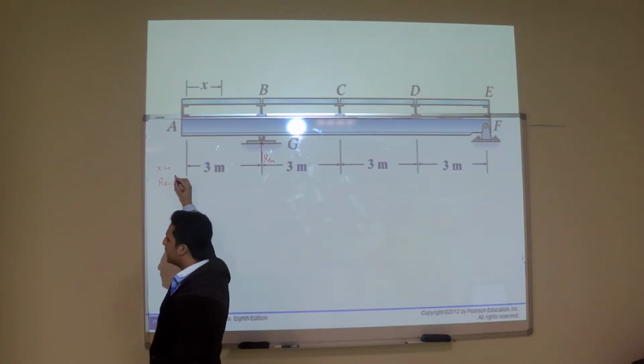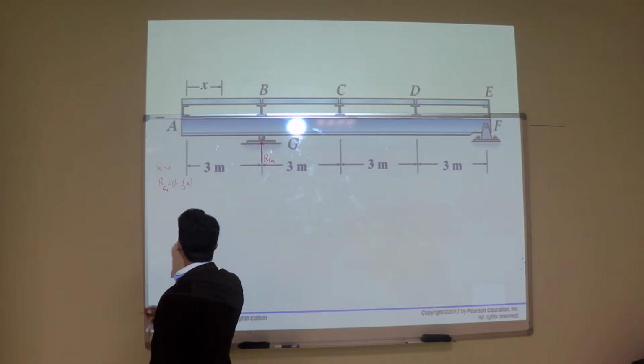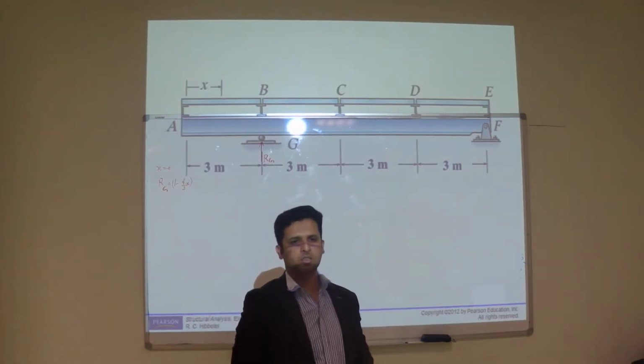If you want to write the equation, it will be 1 minus 4 over x. So when x is 0, how much is RG?